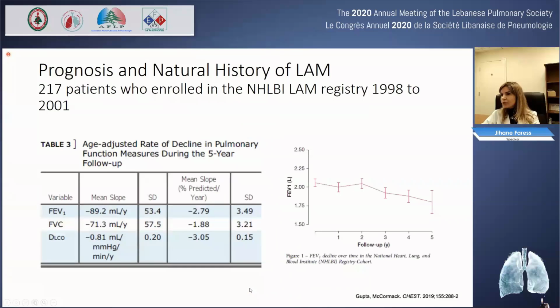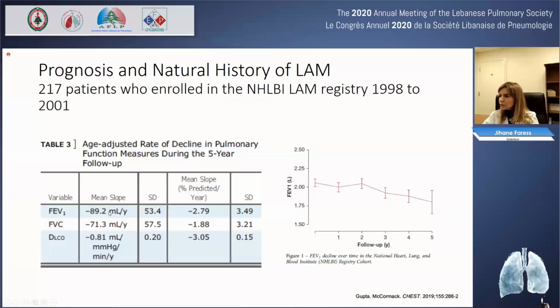So what's the prognosis and natural history of LAM? In terms of the prognosis of LAM, this is actually the NHLBI LAM registry, that looked at about 217 patients with LAM enrolled in the registry between 1998 and 2001. And they found that the FEV1 decline in patients with LAM, this is the natural history, no treatment, is about 90 milliliters per year.